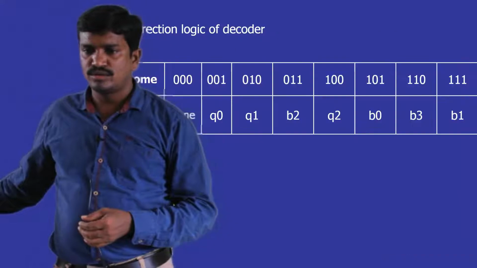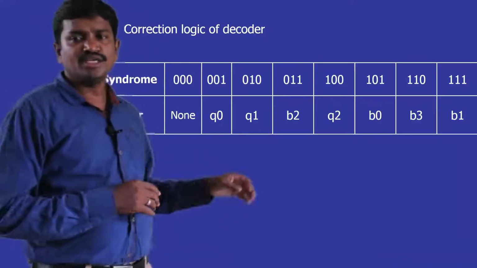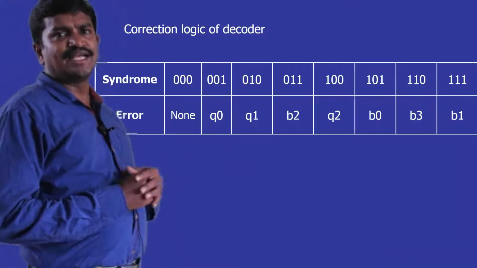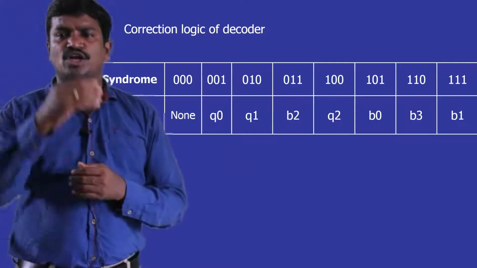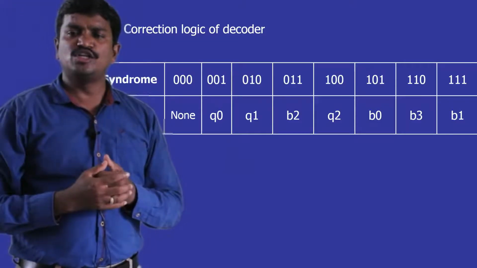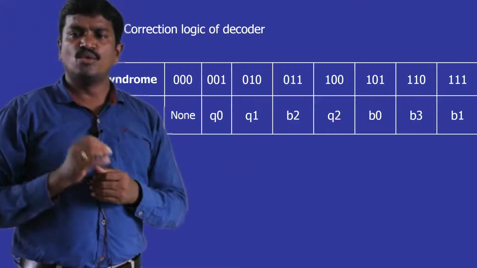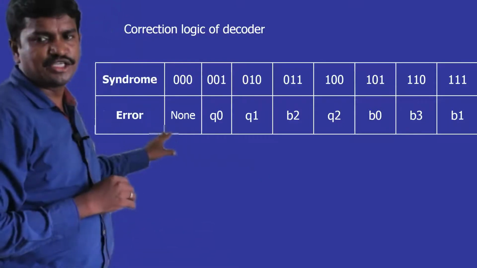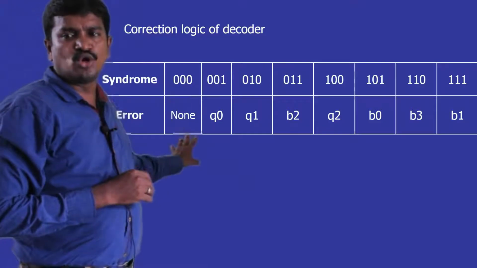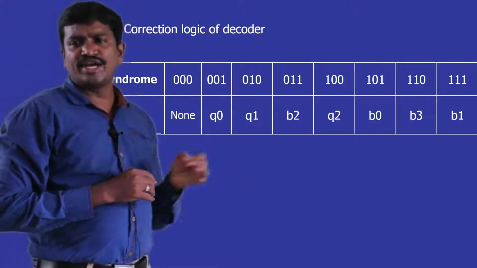Now let us see the syndrome. Once the syndrome is calculated, the syndrome value is taken by the logic of the decoder to determine where the error is. So these are the combinations. If the syndrome value is 0, there is no error, that I already told you. Now we need to identify one thing.